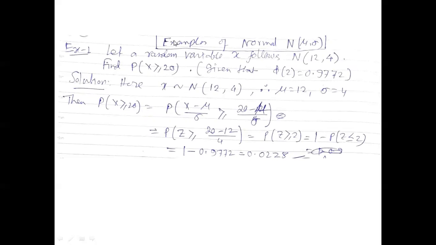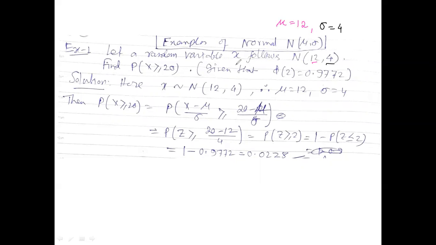Okay. Let a random variable x follow a normal distribution with mean, or arithmetic mean, as 12 and standard deviation sigma as 4.